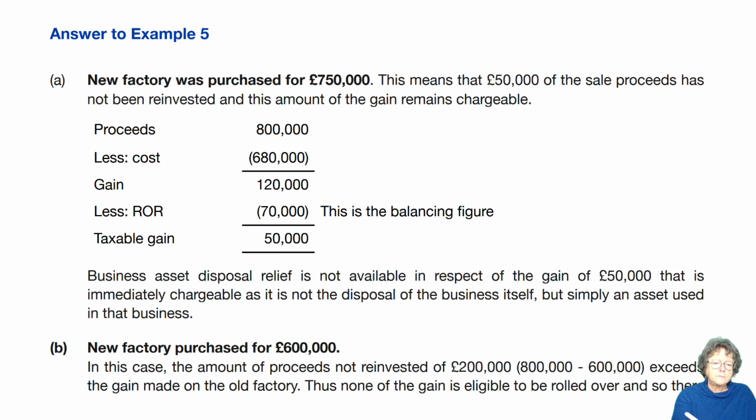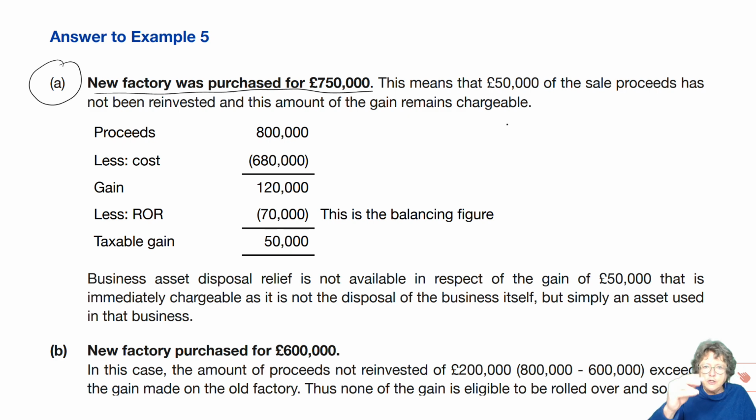So the A part said that they bought the new factory for £750,000. This means that £50,000 of the sale proceeds has not been reinvested. So the rollover relief calculation means that the amount chargeable is the lower of the full gain or the amount not reinvested, and in the A part the lower of the two is the amount not reinvested. So we do this down. Sometimes when you do calculations, you do down and then up again.